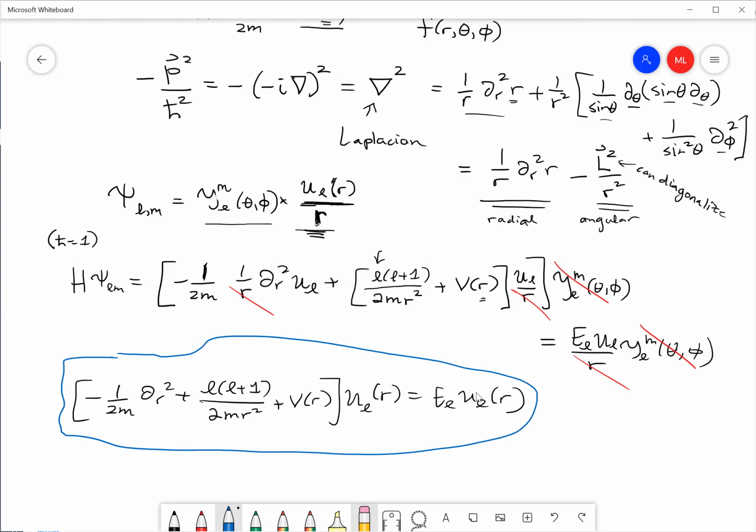You see there will be a separate wave function for each value of L. And for each value of L, these are also sometimes called partial waves. And each value of L often has a special name.